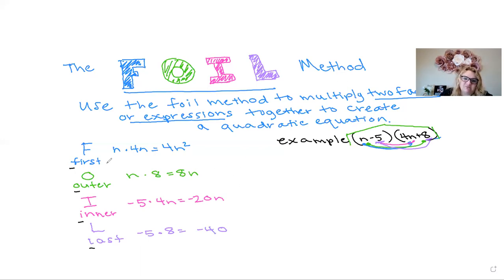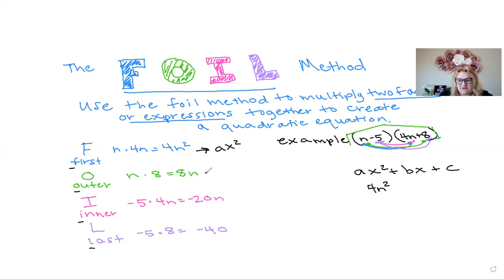Once you have the terms that you multiplied for each of these, you're going to combine them together to make a quadratic equation. The first term that you came up with is going to give you the ax squared part of your equation. So you'll put 4n squared because n can be a variable just like x.